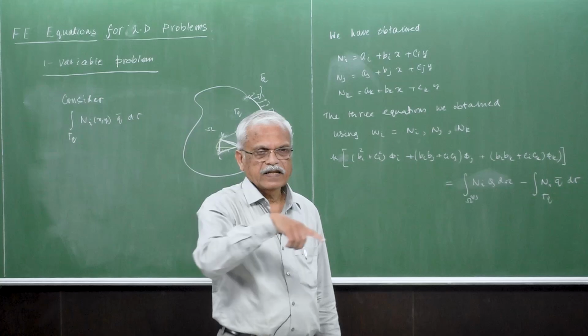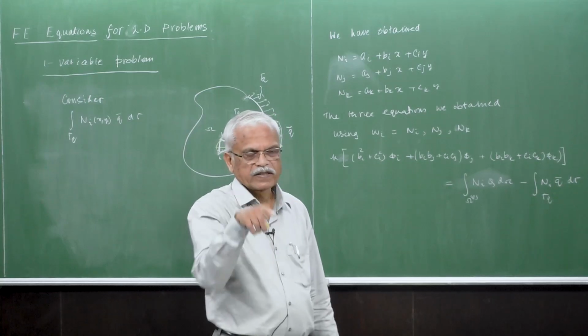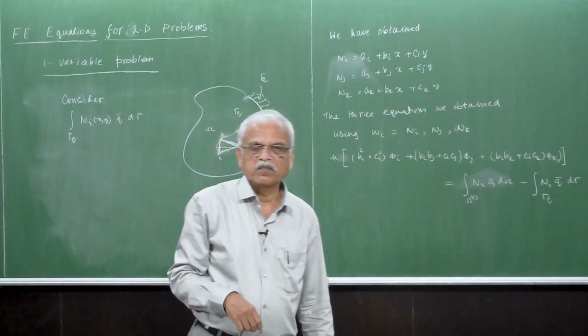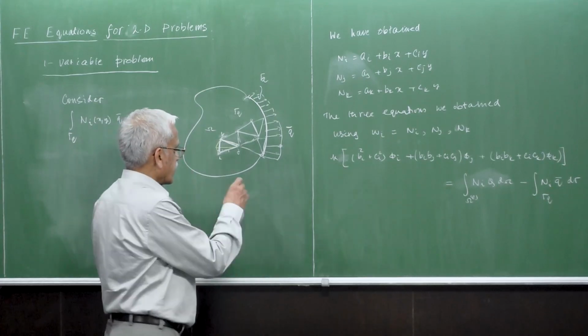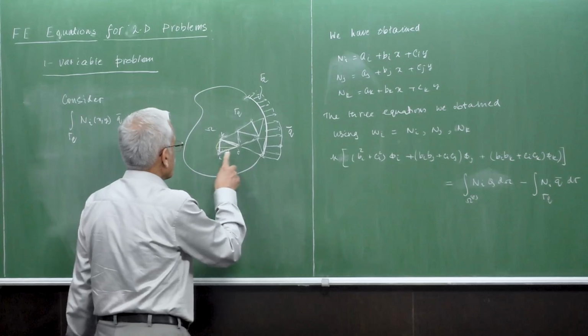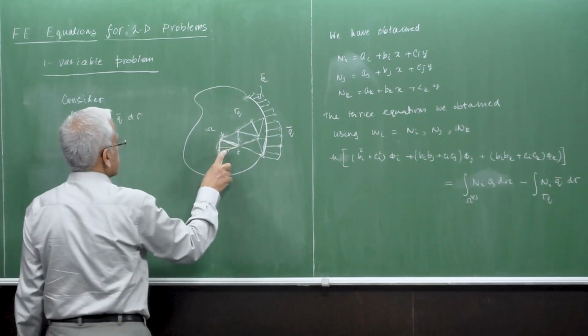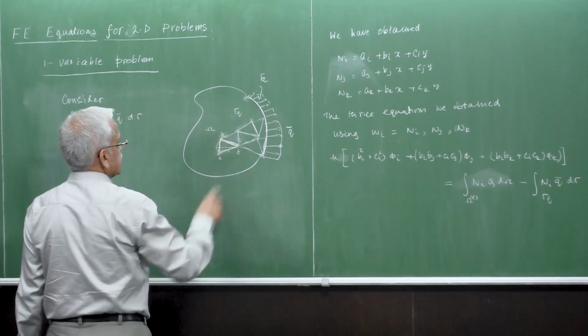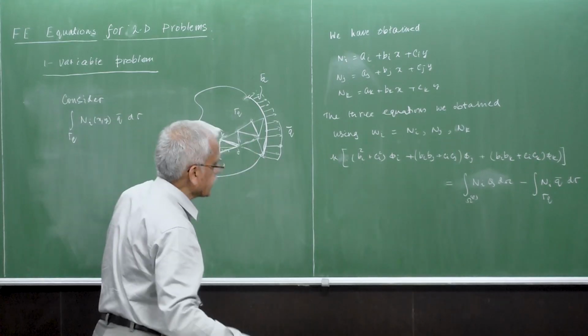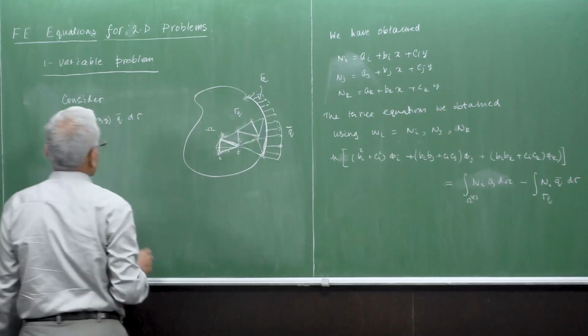So Ni is just on that element, and beyond that element it turns out to be 0. If the element is here, then Ni is 0 by the time it comes to gamma q.